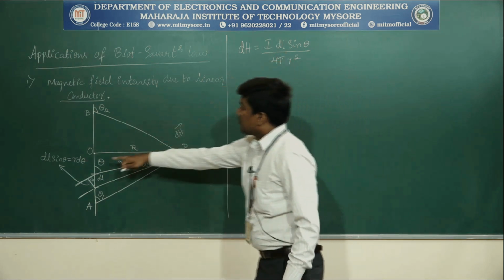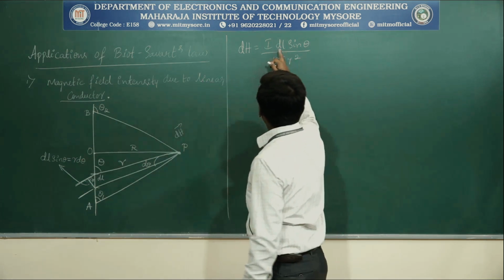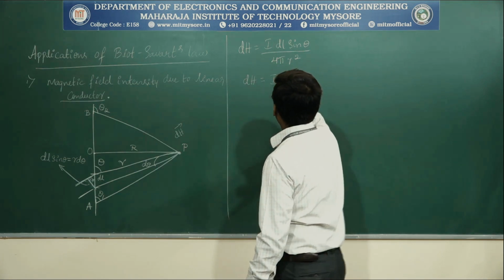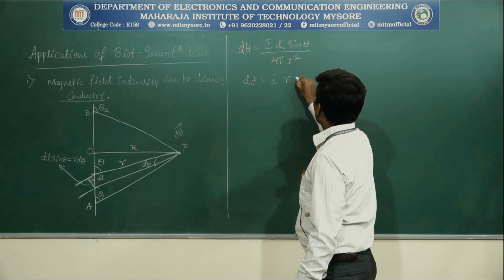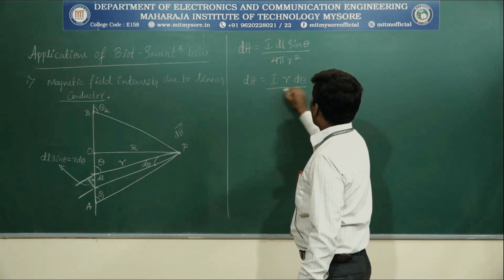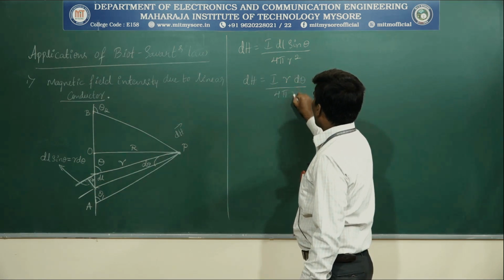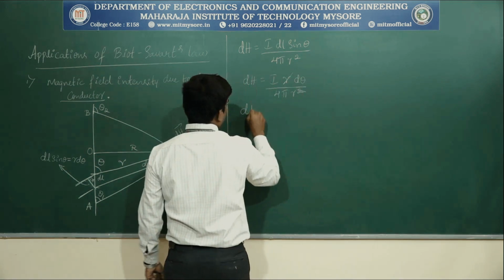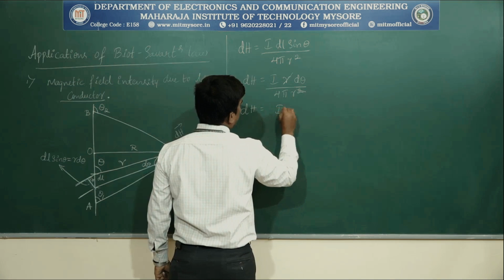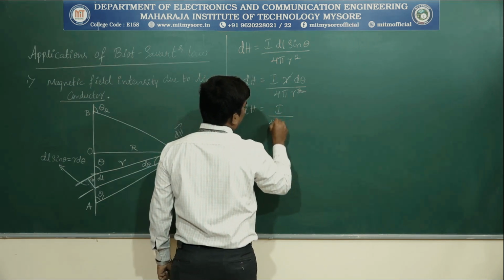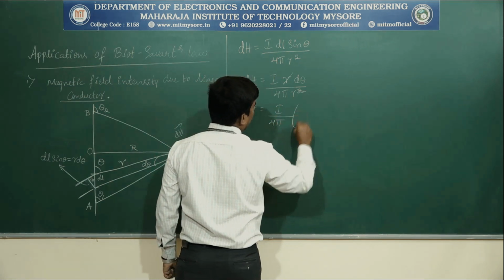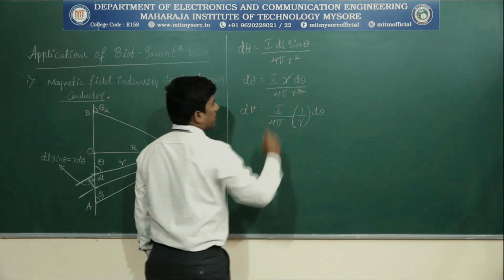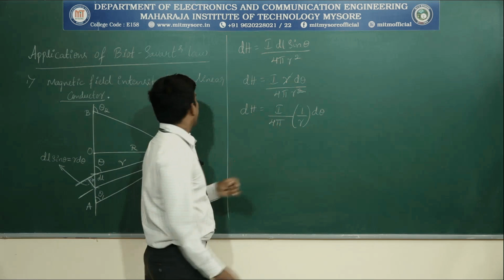We know that dl sin theta is equal to r into d theta. dH is equal to I into r into d theta divided by 4 pi r square, and this r gets cancelled, then dH is equal to I divided by 4 pi into 1 by r into d theta. The above equation can be written in this form.